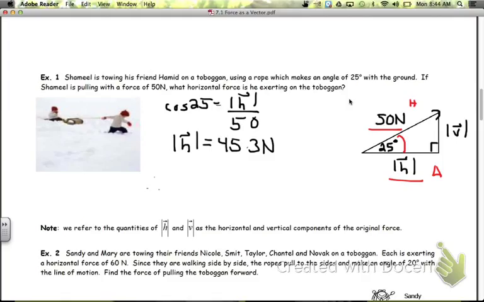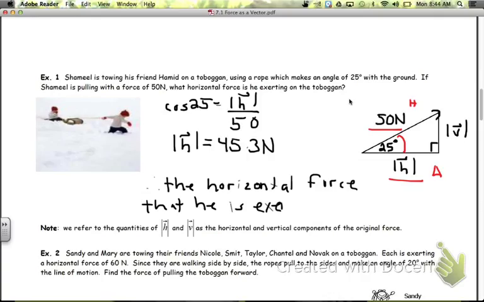So therefore the horizontal force that he is exerting on the toboggan is 45.3 newtons.